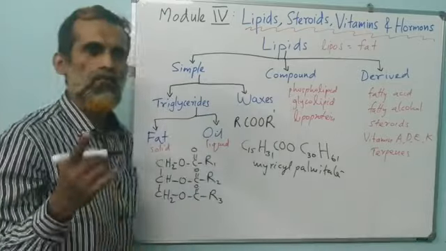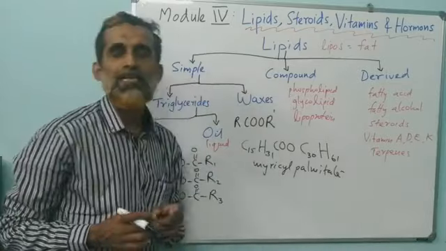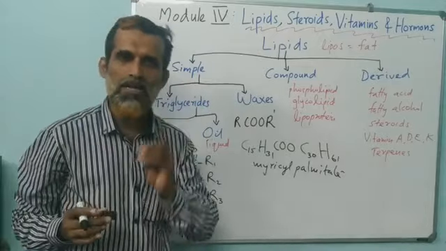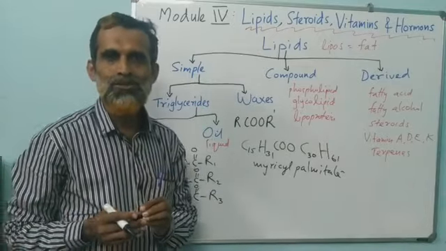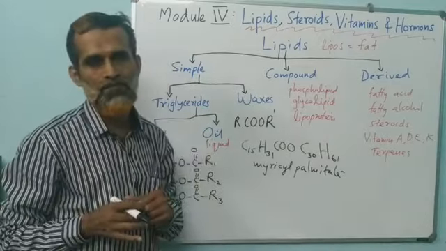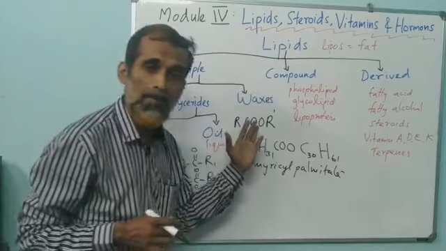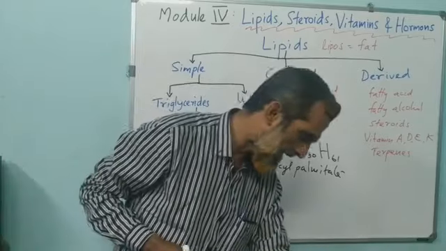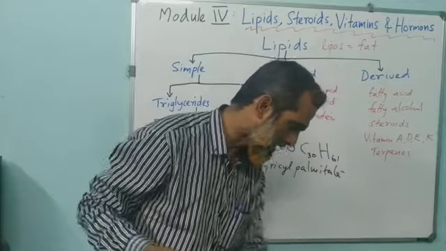Okay, that's an example for a wax, and this is actually beeswax produced by bees, which is used for making their honeycomb. And waxes have a lot of application that we'll discuss later in a different section.